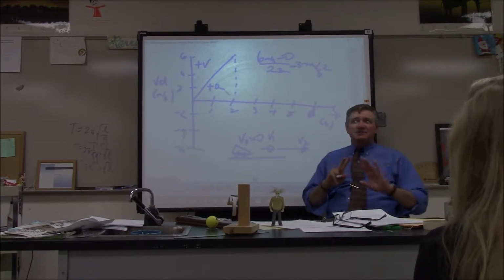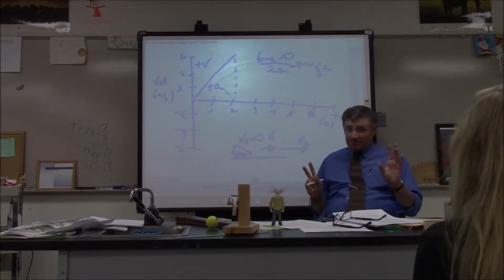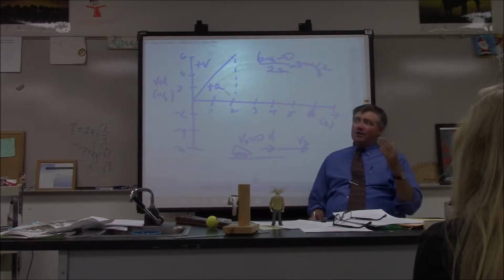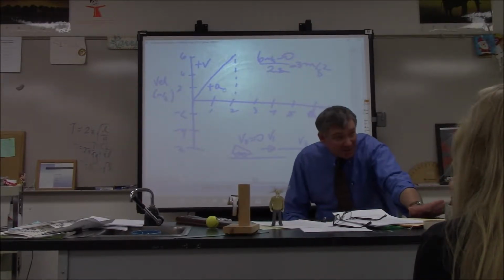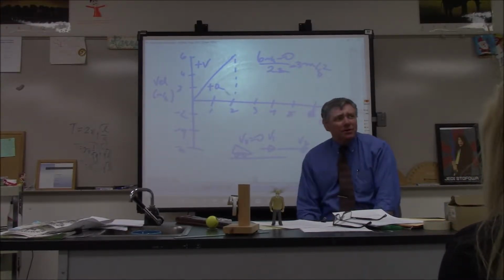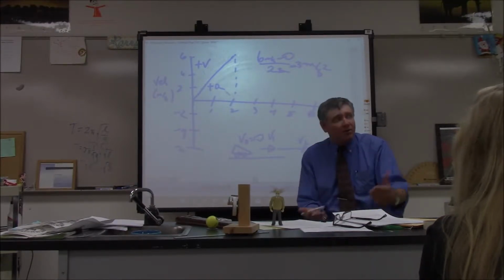That's it. So no matter how complex the problem is, ask yourself, am I speeding up or am I slowing down? You can't kind of accelerate. Either you are or you aren't.